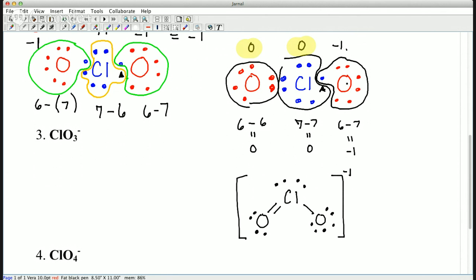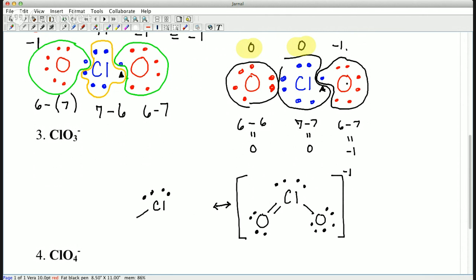Now, can anyone tell me if I'm done? No, I'm looking very carefully here. Am I done here with the Lewis dot diagram? Oh, Bryce, you're so right. Yeah, we have to draw another structure, because we have resonance, and resonance shows, because I have a double bond here, that double bond can be over here.